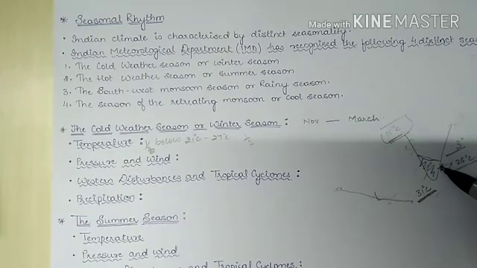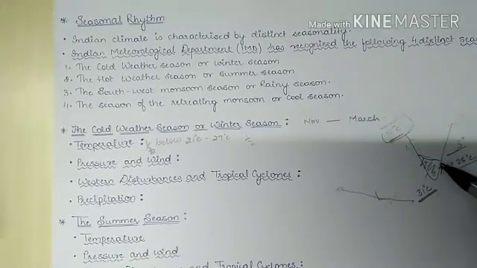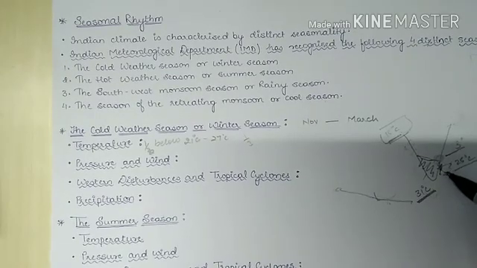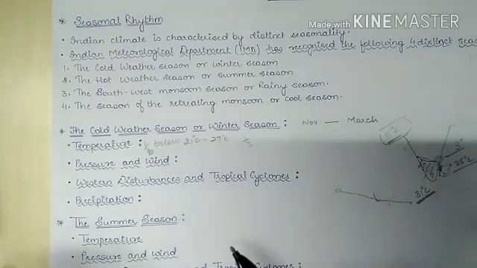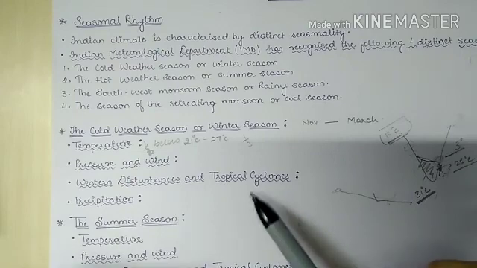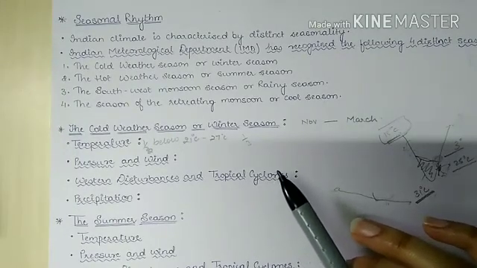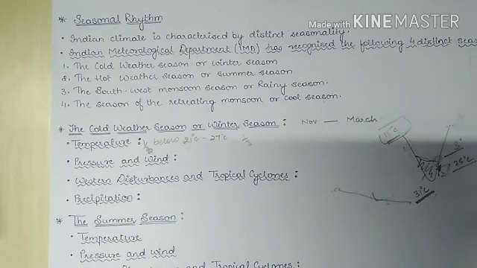So if the temperature is high, then there will be more upliftment of air, and that will form huge clouds, and cyclones will also be formed. Okay, so we have already studied in tropical cyclones how they are formed. So during the cold season, the temperature falls down, and so we have very few tropical cyclonic activities.